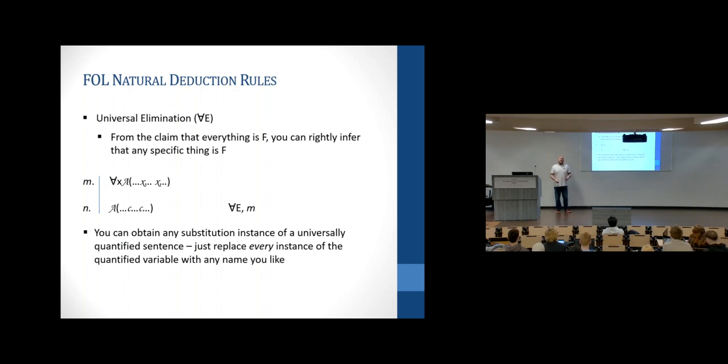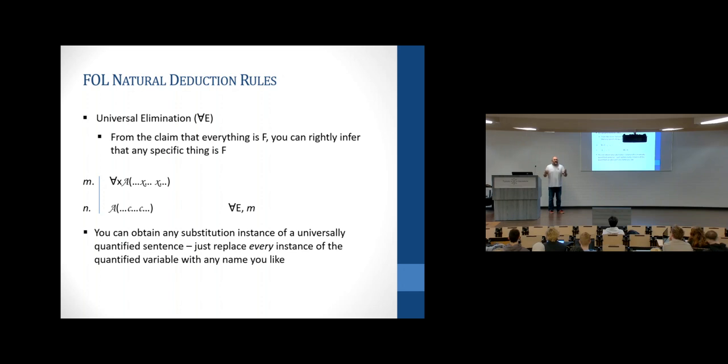So if, for example, the sentence was universal x, Fx conjunction Gx, you need to plug in the same name for both x's. So our first new rule is pretty straightforward. If you've got a universal, you can replace the associated variable with any name you want.